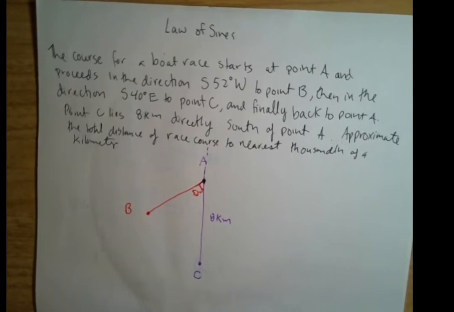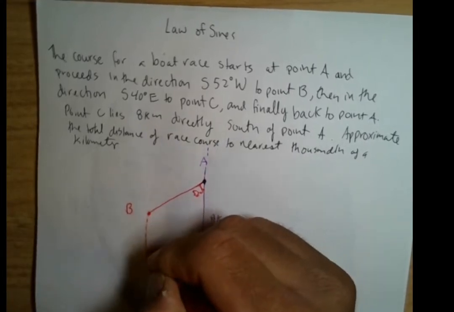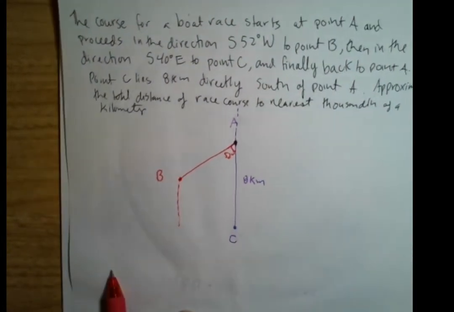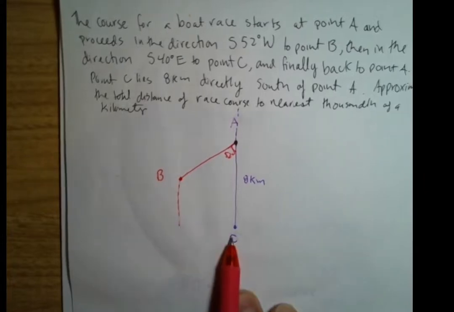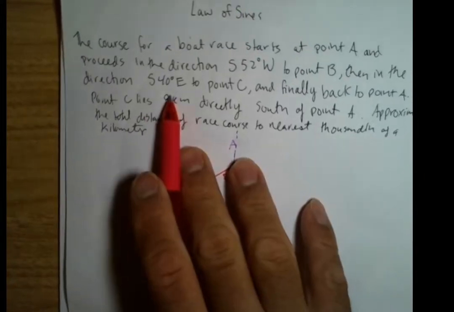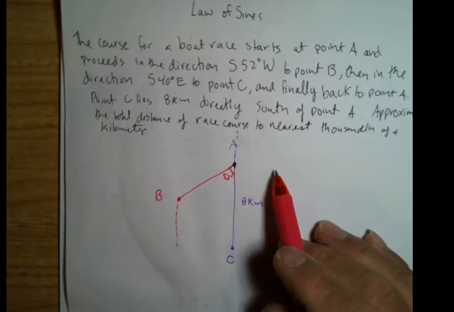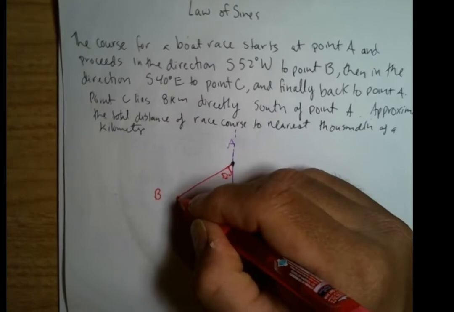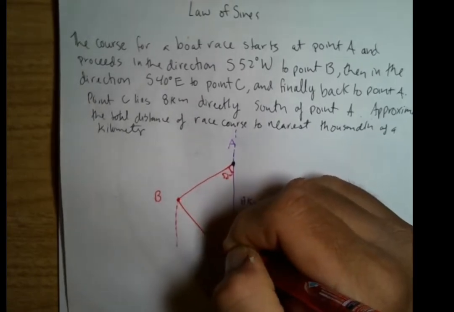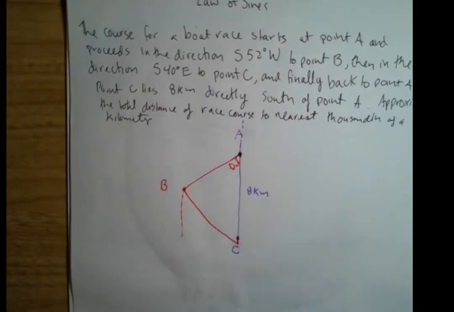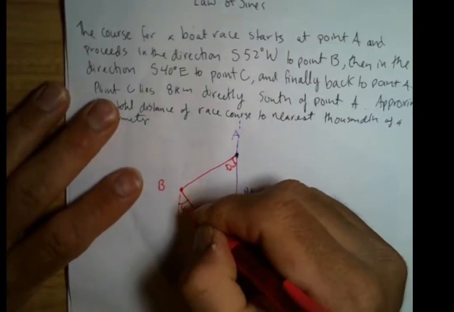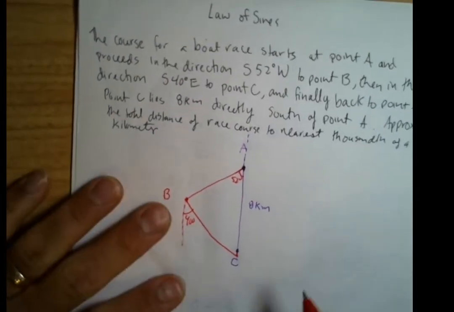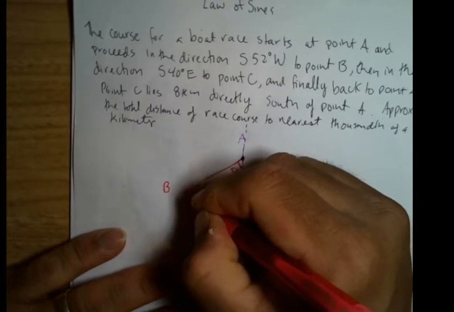And the reason I know it's somewhere here and not all the way down here is because in order to get to point C, I head with a bearing south 40 degrees east. So we have here south with a bearing of 40 degrees east. We'll assume that's a nice straight line there.